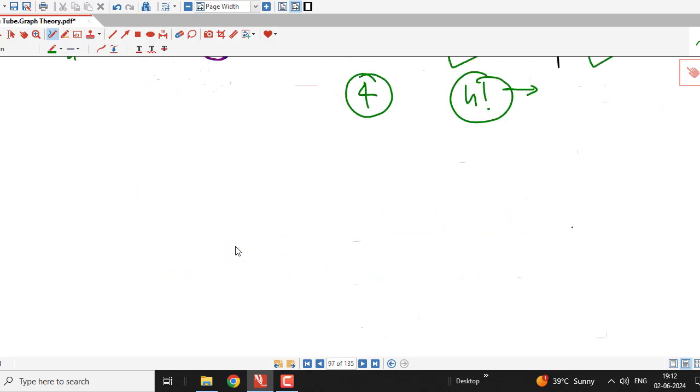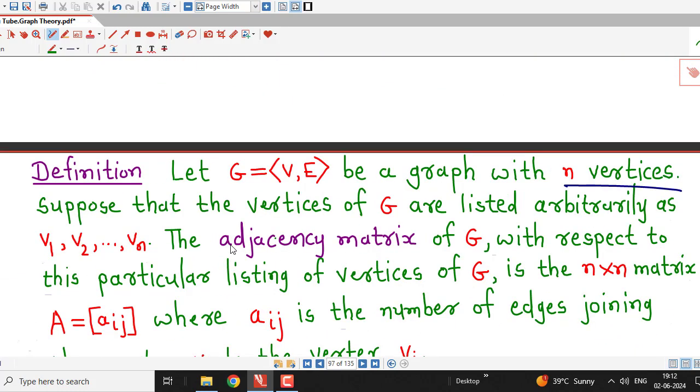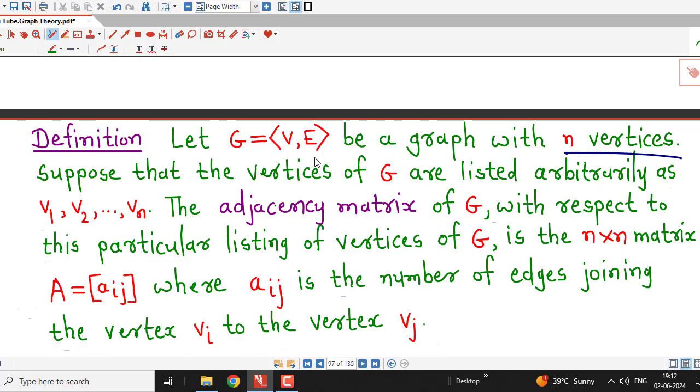Now if you are clear, then we can understand this definition. Let G equal to (V, E) be a graph with n vertices. Suppose that the vertices of G are listed arbitrarily as V1, V2, ..., Vn.